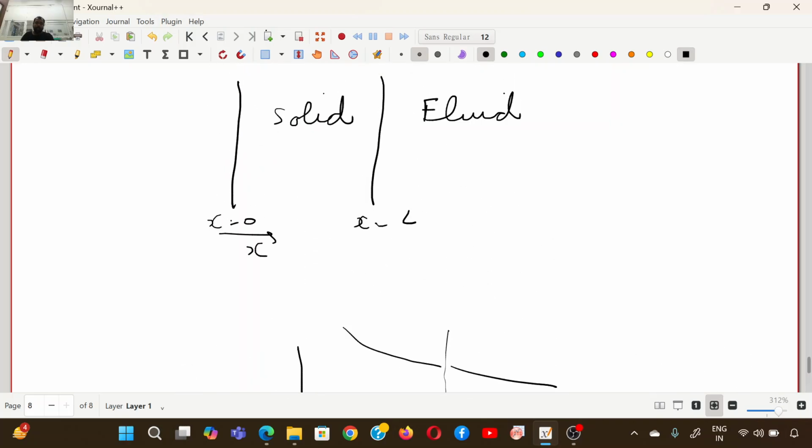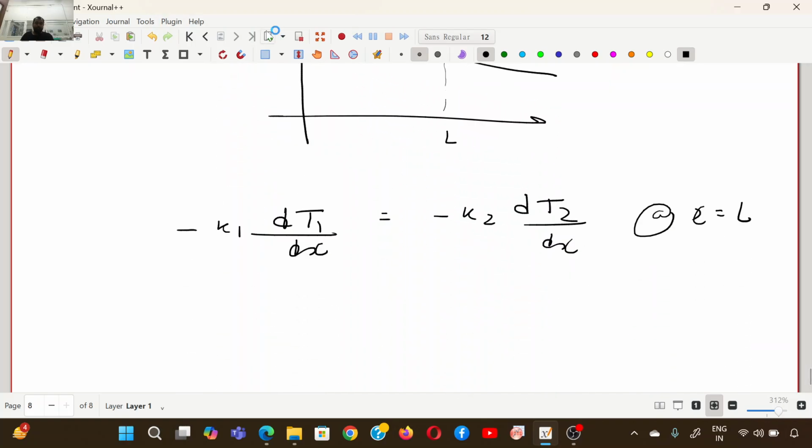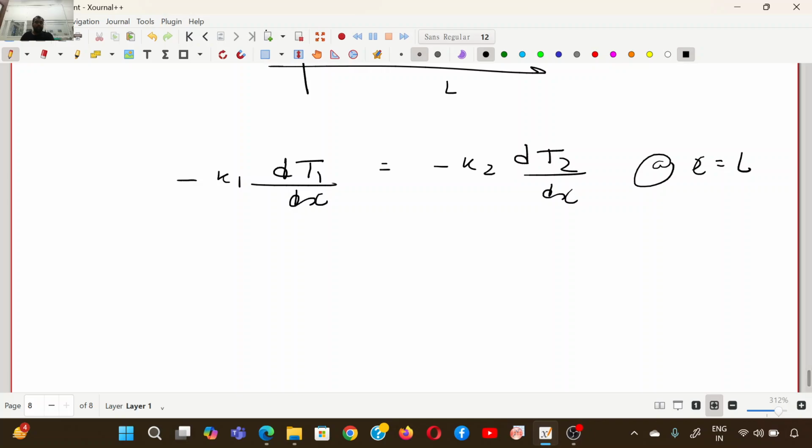K1 is the thermal conductivity for the solid, K2 for the fluid. Fine. And also T1 is equal to T2 at x is equal to L. So this is the global thermal equilibrium.